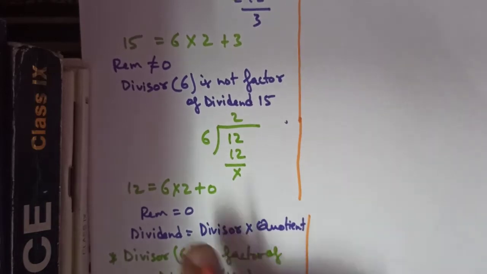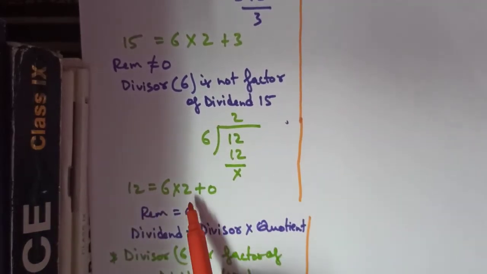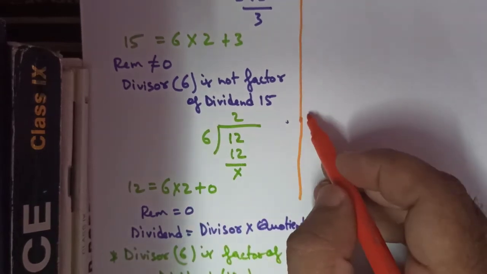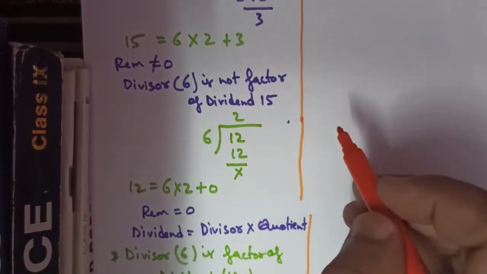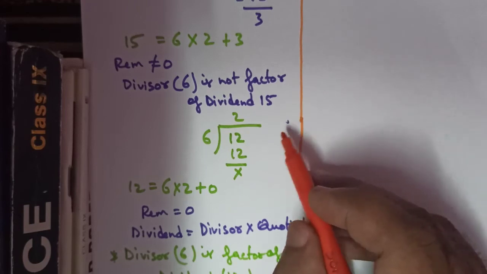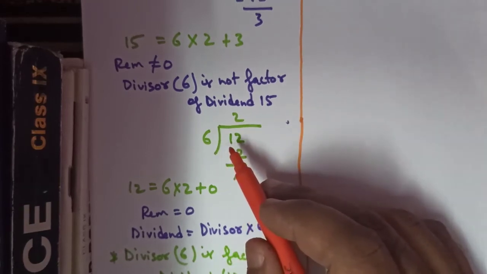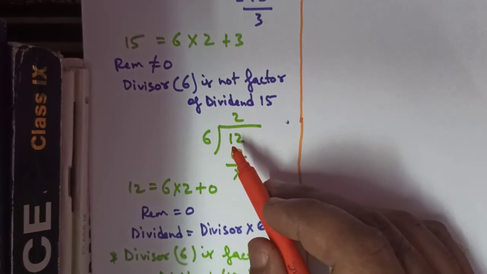For example, here I have taken an example where the dividend is completely divisible by the divisor.